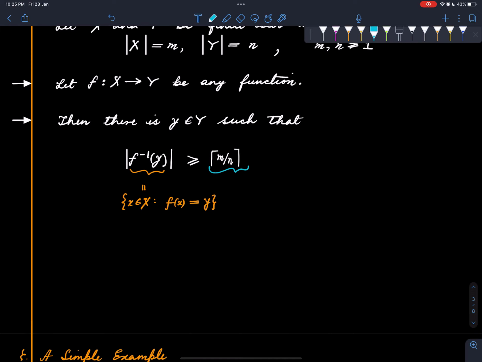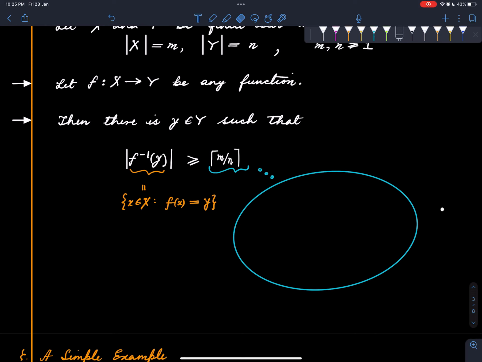Alright. And what is that other notation? Let me explain this in a somewhat more general way. For a real number x, we write ceiling x.